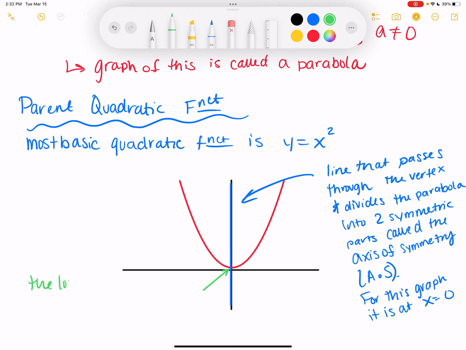The lowest or highest point on a parabola, because these also could be graphed upside down, is the vertex. For this graph, the vertex is at 0, 0, because it splits directly at 0.